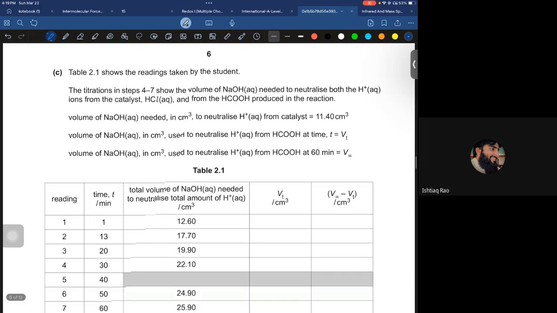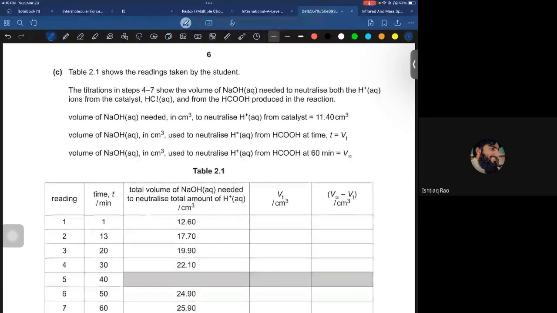Then the volume of NaOH needed in cm³ to neutralize H+ from the catalyst is 11.40, and the volume of NaOH in cm³ used to neutralize H+ from methanoic acid at time t is Vt. Volume at time t basically. The volume of NaOH in cm³ used to neutralize H+ from methanoic acid at 60 minutes would be V infinity.